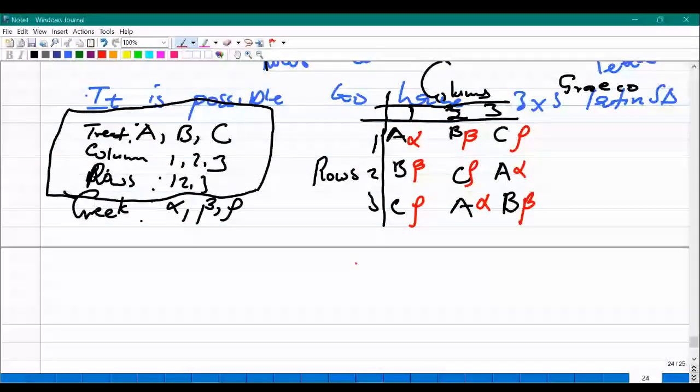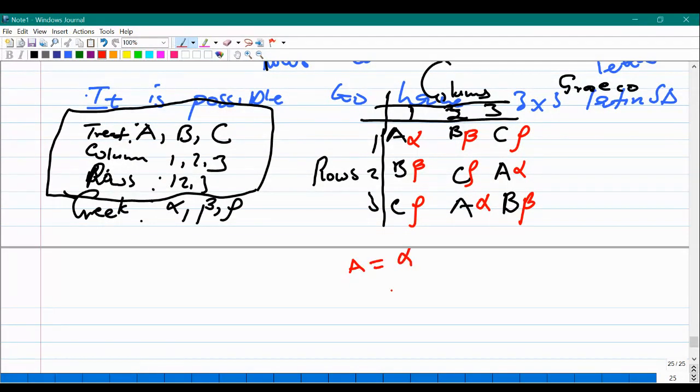So are you saying the total for treatment A is equal to the total of alpha? Because if you check, wherever there is A, there is alpha. Wherever there is B, there is beta.